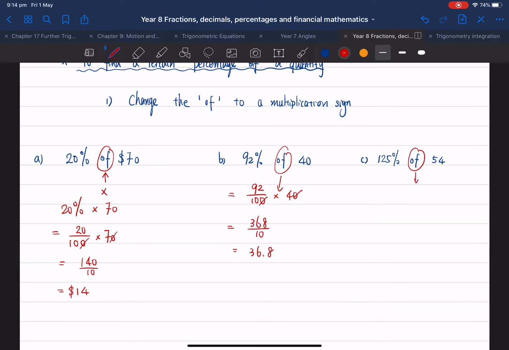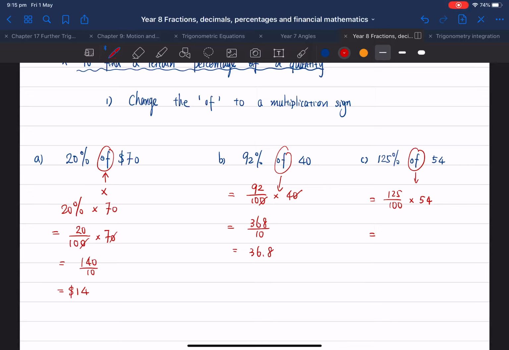First step is change that percentage into a fraction. Then the next step is change that off into a multiplication sign, and you times by 54. Once you finish that, you can do the manual calculation, or you can use your calculator to work out the answer there. So that's how you're supposed to do it.